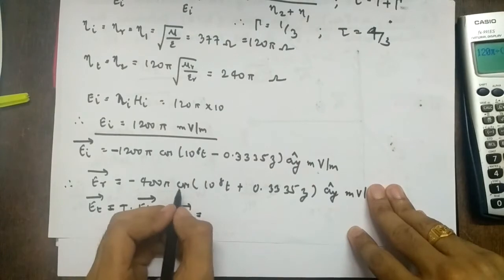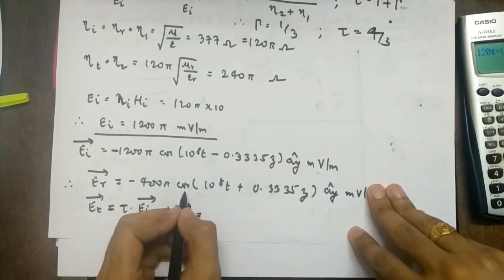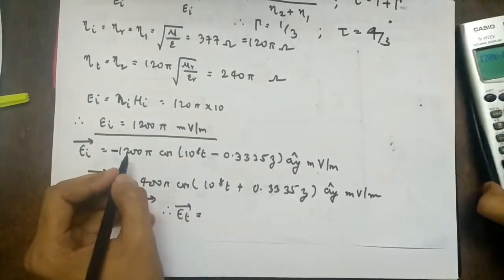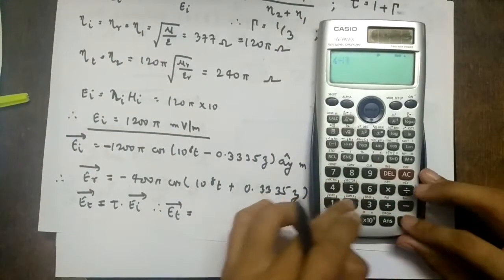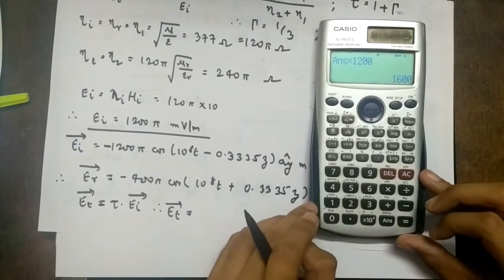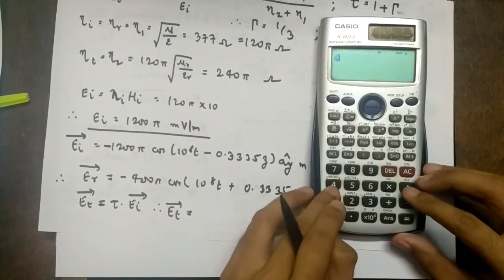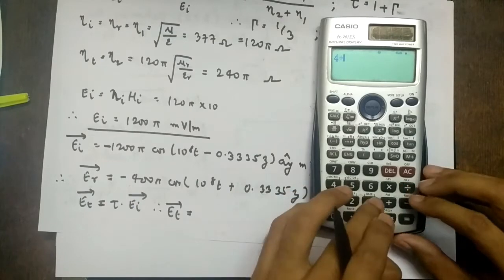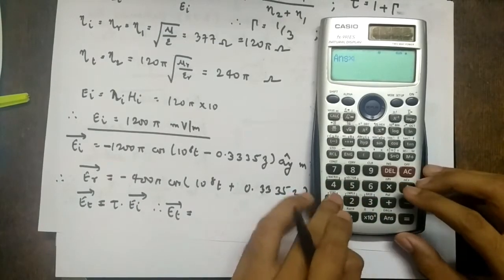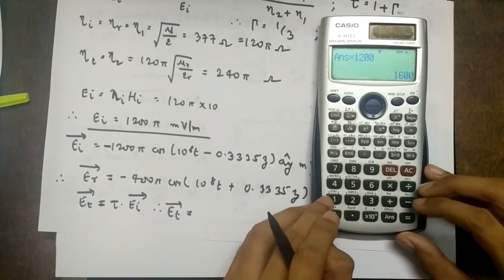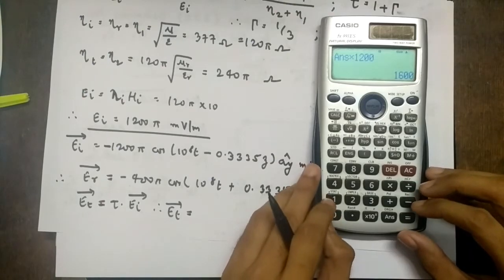So this answer is just multiplied by 4 by 3. So 4 divided by 3 into 1200 pi. So 1600 pi.